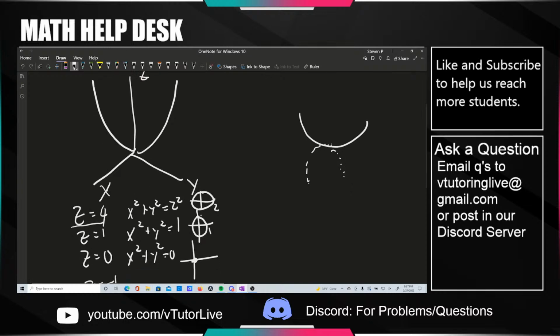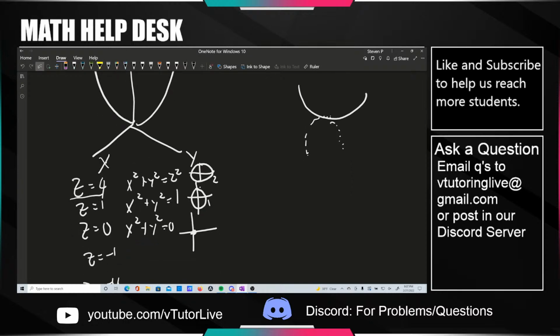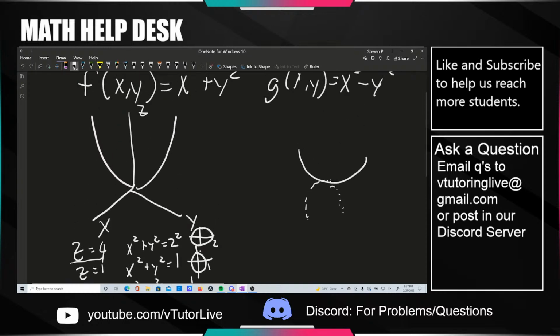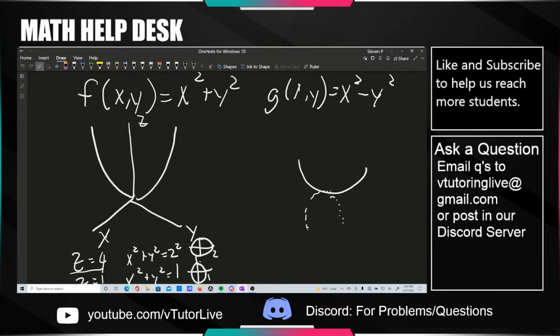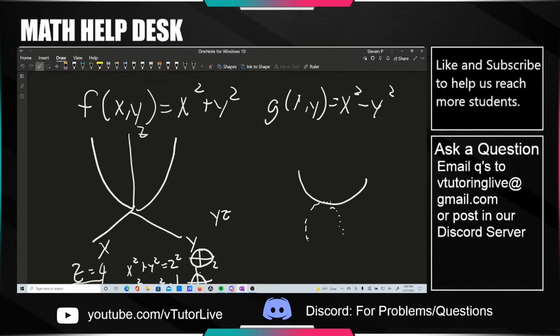Yeah, and then to convince yourself, you can look at the other traces. So this should be a 2. To convince oneself, you could also look at the other traces, like for example the YZ traces, and remind yourself that when x is equal to 0, that just turns into z is equal to y squared, which looks like a parabola.